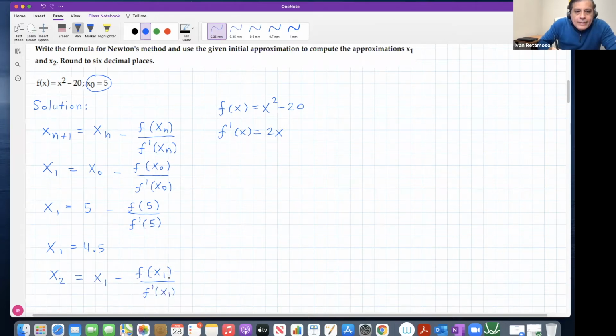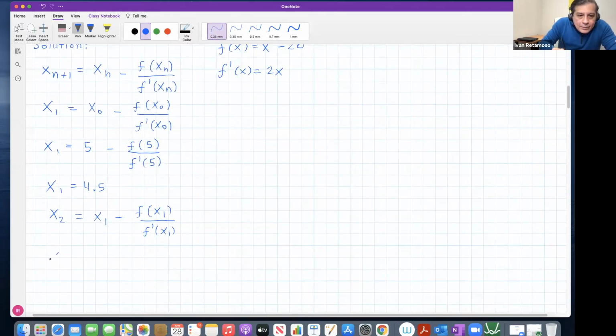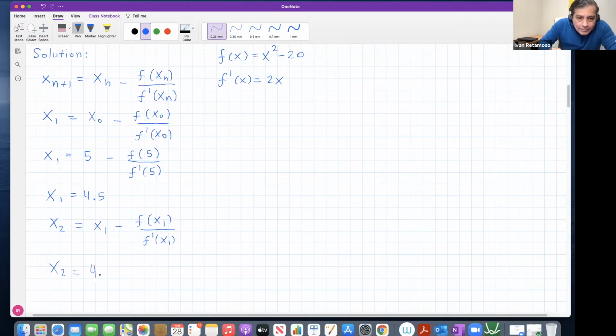So now x2 will be equal to the x1 that we got here, 4.5, minus the evaluation at 4.5 over the derivative evaluated at 4.5.